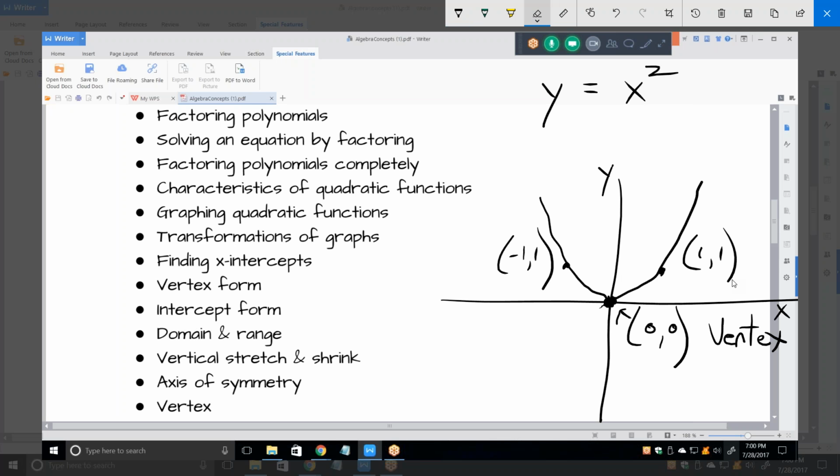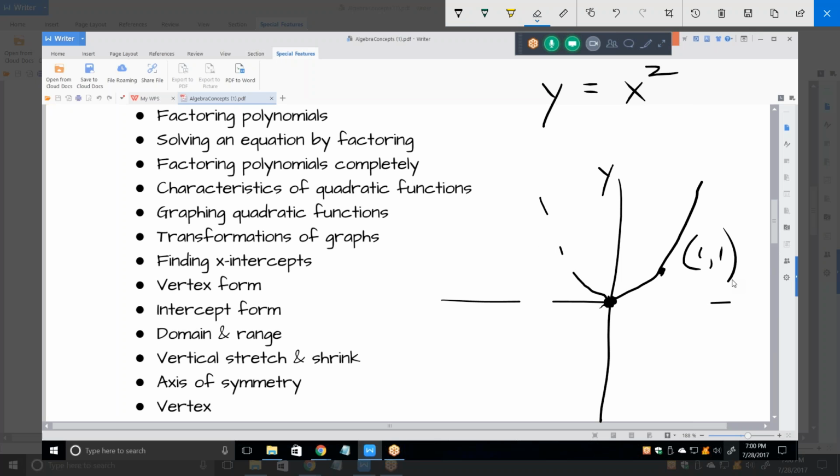All right. Erase some of this. Important thing to realize is that the vertex is the most important part of a parabola, the vertex being that point there.